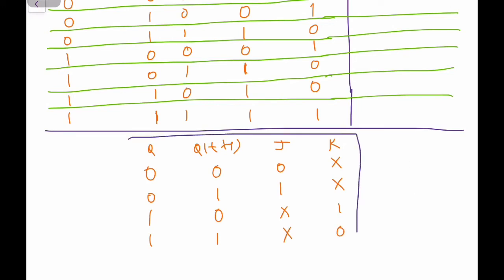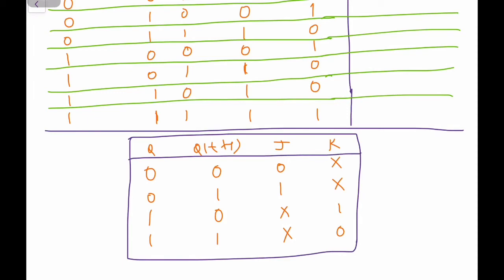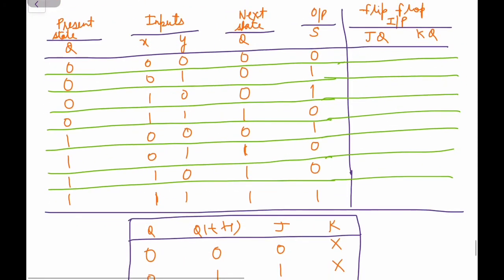So this is the excitation table of the JK flip flop, and we will fill in the inputs of the JK flip flop here according to this table. If the present state and the next state are 0 0, then the input must be 0 and don't care.